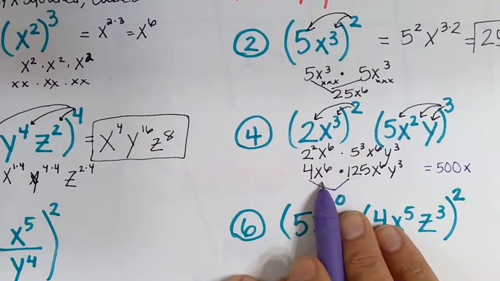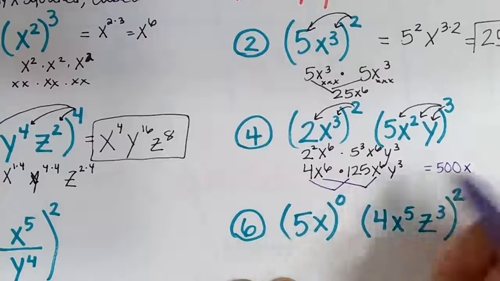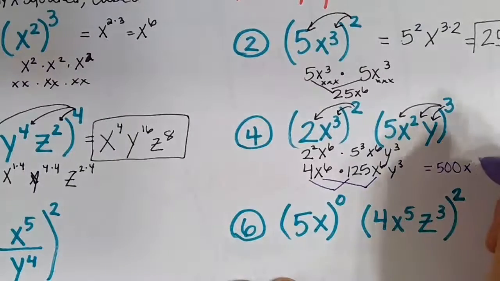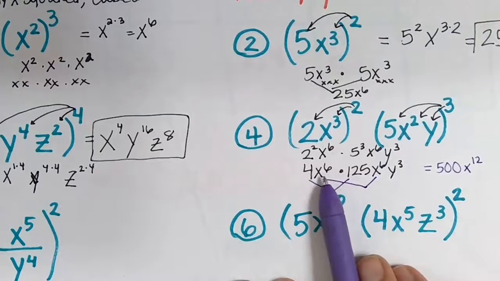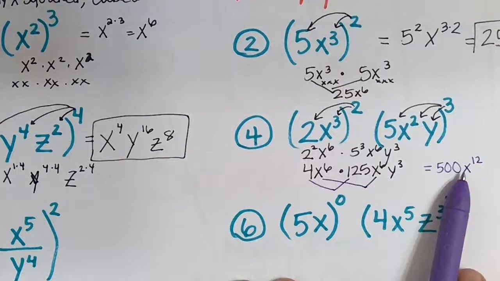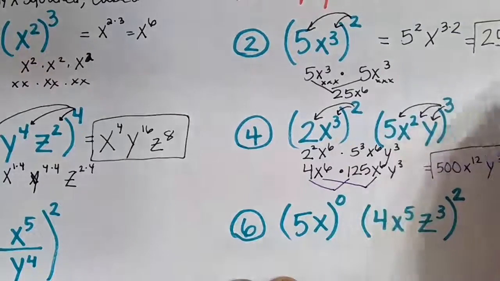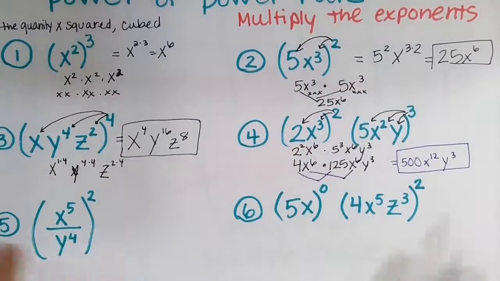X, you have 6 x's here and 6 x's here. Is it a total of 12 or 36? 12. You only multiply when you have the parentheses. So here you're just going to say, oh, 6 x's and 6 x's. I have a total of 12 x's and y cubed.